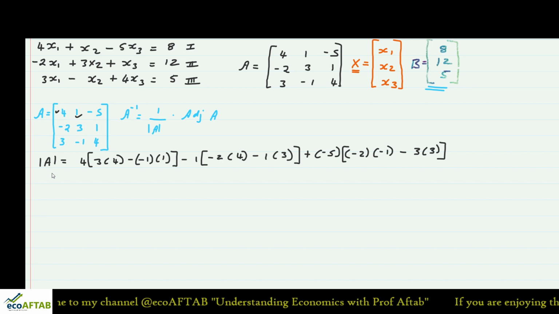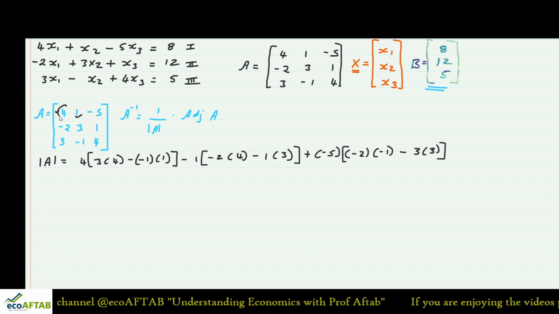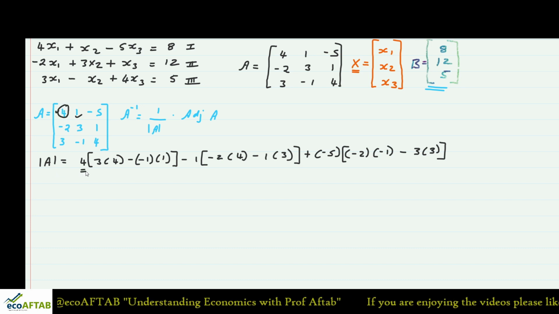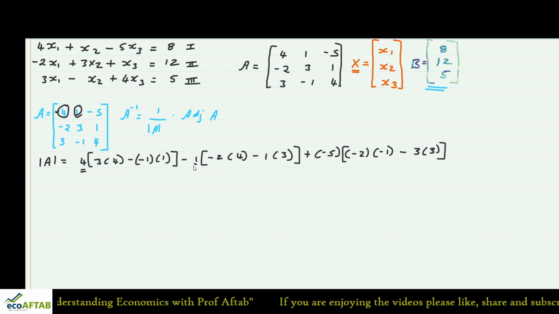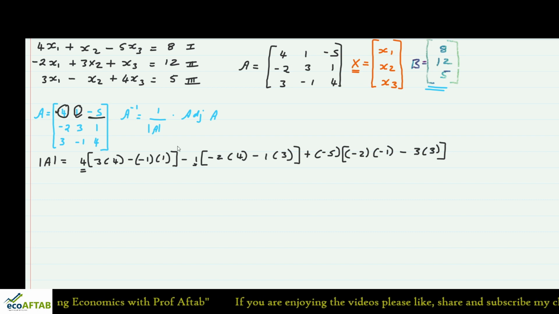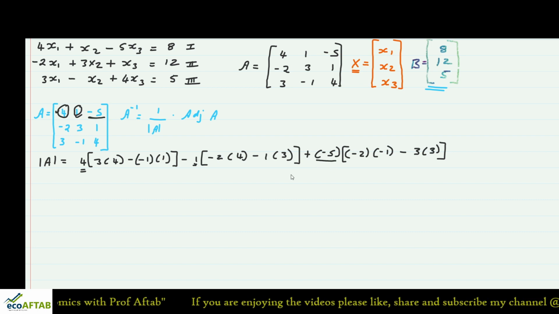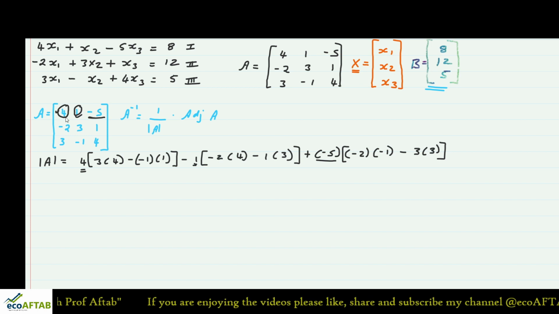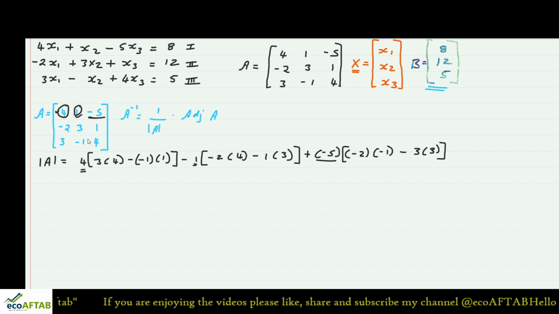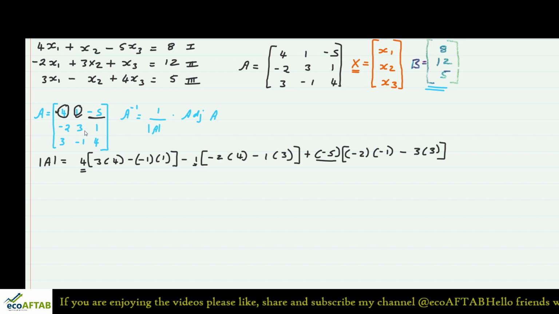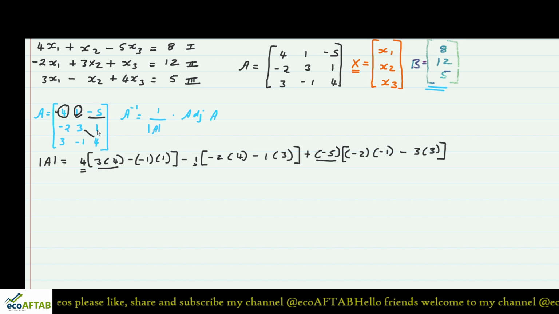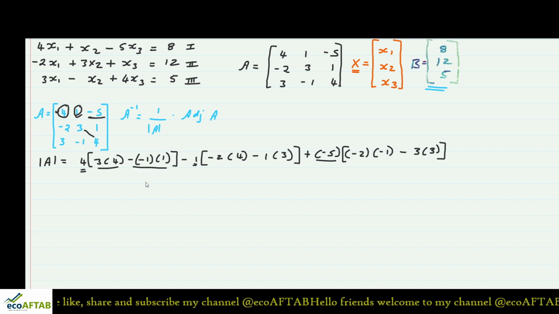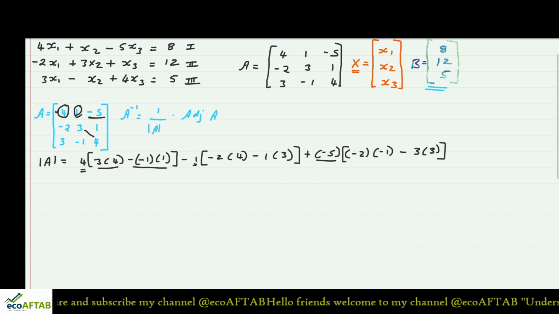So you can see what I have done is this 4 is here, this 1 is here, and this minus 5 is here. So this is how. And what are the minors of 4? 3, 1, minus 1, 4. So 3 multiplied by 4 is here, minus minus 1 into 1 is here. This is the way we try to find it out.